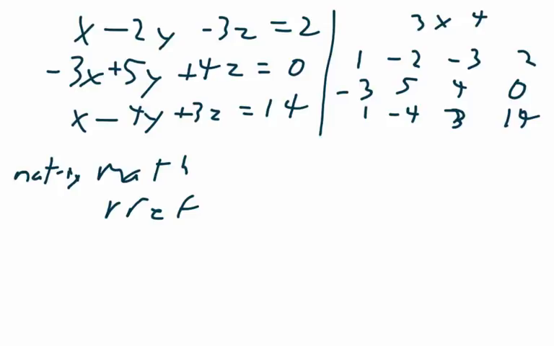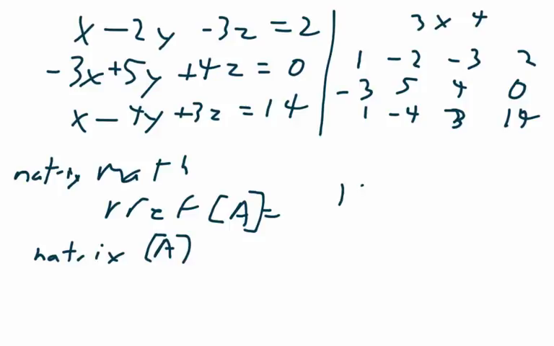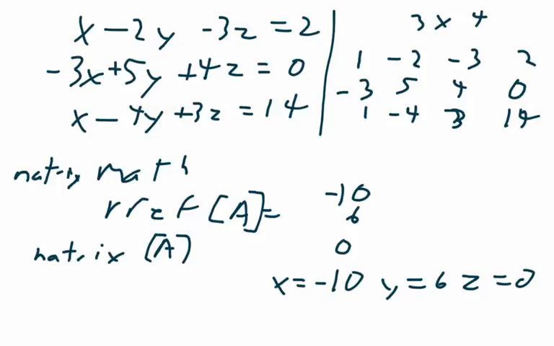Then you want to go to second matrix and hit A. So basically you're doing RREF of A. And the final column, which is negative 10, 6, and 0, will be your answer because the ones are in a diagonal like we talked about in class. So x equals negative 10, y equals 6, z equals 0.